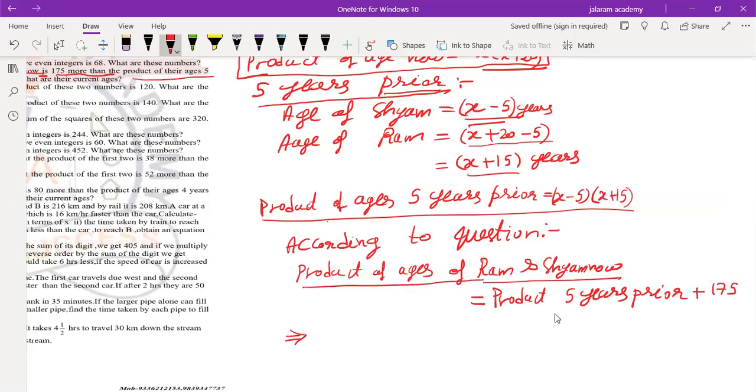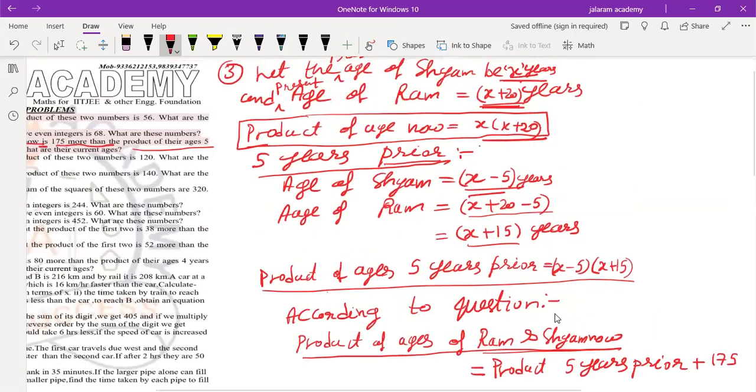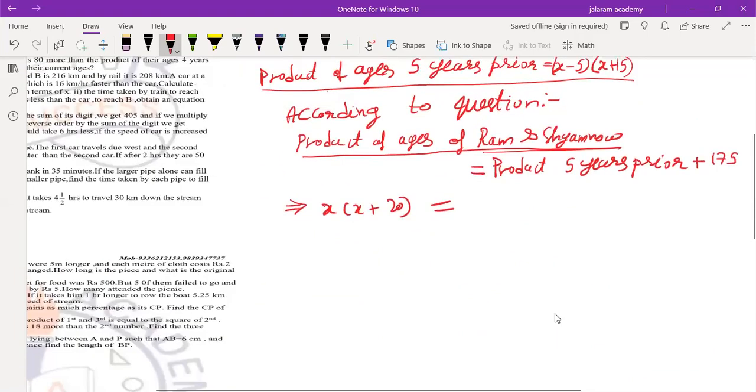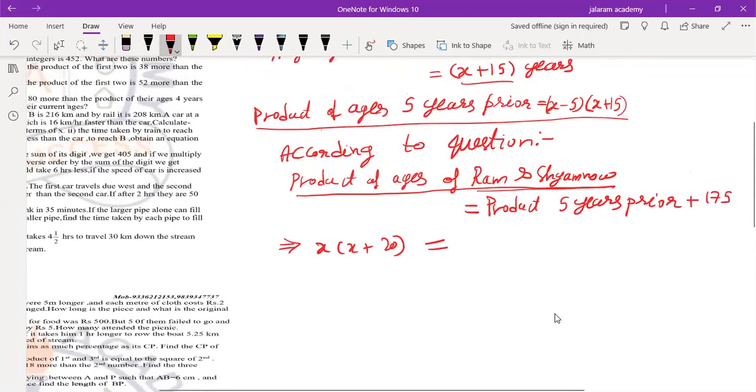In place of the product of ages now, we write x into x plus 20. In place of equals to, we write equals to. The product 5 years prior is x minus 5 into x plus 15, then plus 175. In this way, we have converted the word equation to a mathematical equation.